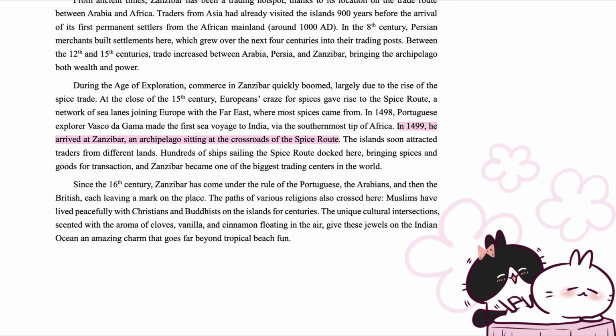In 1499, he arrived at Zanzibar, an archipelago sitting at the crossroads of the spice route. The islands soon attracted traders from different lands. Hundreds of ships sailing the spice route docked here, bringing spices and goods for transaction, and Zanzibar became one of the biggest trading centers in the world.